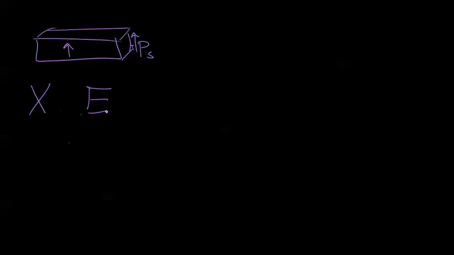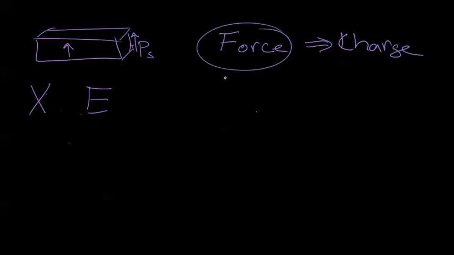The simple explanation of piezoelectricity is that we apply a force and we get out charge. So essentially, we're converting force, which is mechanical, to an electrical type of energy, which in this form is charge.